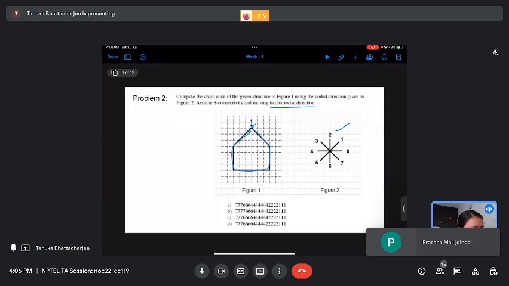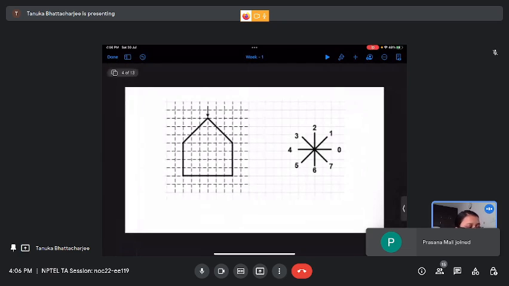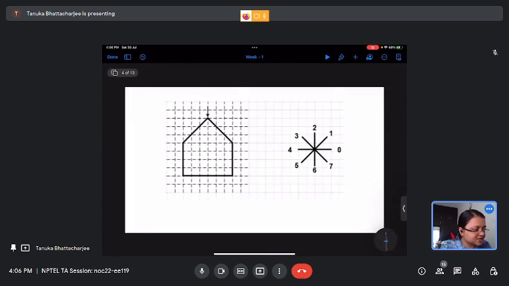Now let me make the figure a bit bigger. Here our starting point has been given as this one. The first segment that we have is this. We can see the grid already imposed on the figure. We'll take each side of a cell of this grid, like this portion, to be unit length.